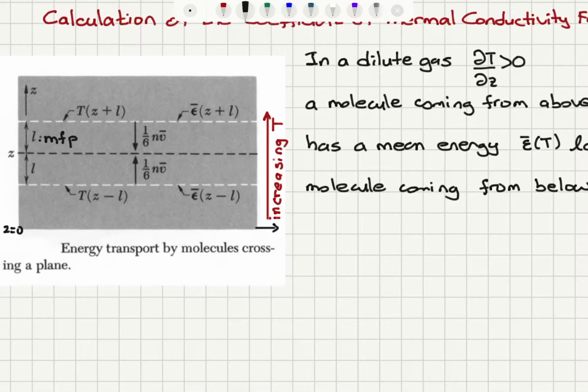I have the last collision that occurred at z plus L, and then these molecules are transporting this energy to z is equal to constant plane. And similarly, for molecules coming from below, the last collision occurred at a mean distance L from the z is equal to constant plane at z minus L. So they're transporting the energy epsilon bar at z minus L. So there is the corresponding temperature T at z plus L. So I'm assuming it is hot here, and it is cold below at z minus L.